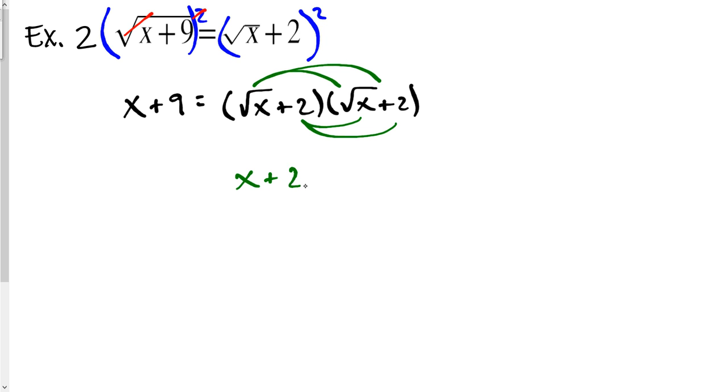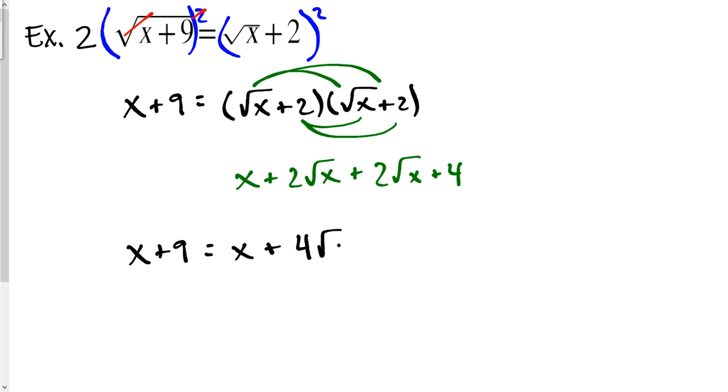And then we have plus 2 root x, then plus another 2 root x, and then 2 times 2 is 4. So this turns into x plus 9 equals x plus, if I have 2 root x's plus another 2 root x, I have a total of 4 root x's plus 4.